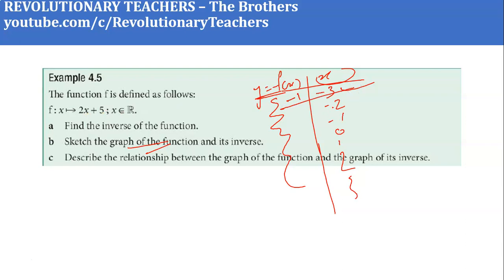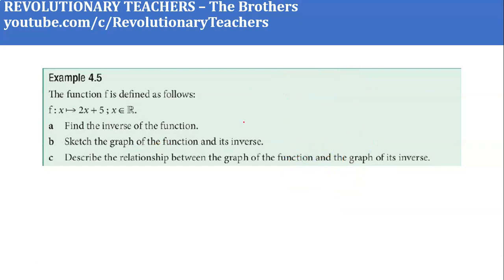Suppose I substitute the value of x as minus 2. So 2 into minus 2 is minus 4. Minus 4 plus 5 is 1. If I substitute the value of x as minus 1, I will get 2 into minus 1 is minus 2, plus 5, that is 3. 2 into 0 plus 5. 2 into 1 plus 5, that is 7, and so on. So thereby you will sketch the graph.